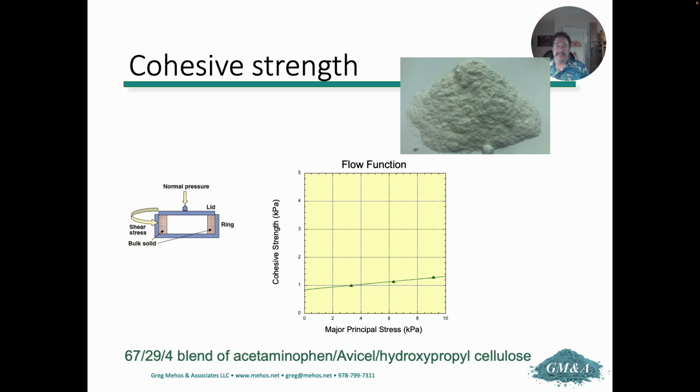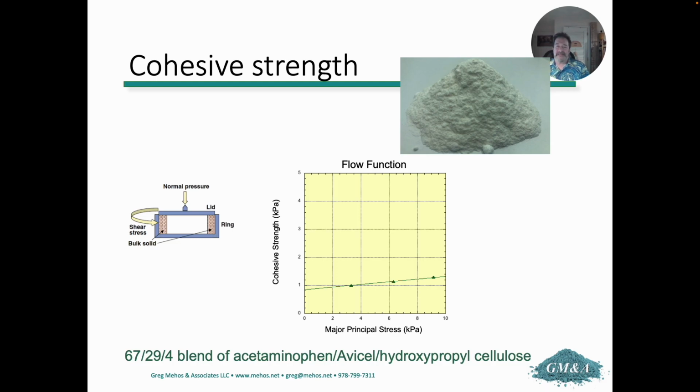So here is a flow function, which is again the relationship between the cohesive strength and the major principal stress for a sample containing acetaminophen, Avicel, and another excipient. And you can see that, well, it has cohesion, and the cohesive strength increases slightly as you increase the stress.